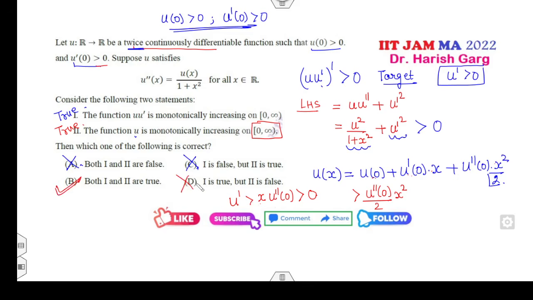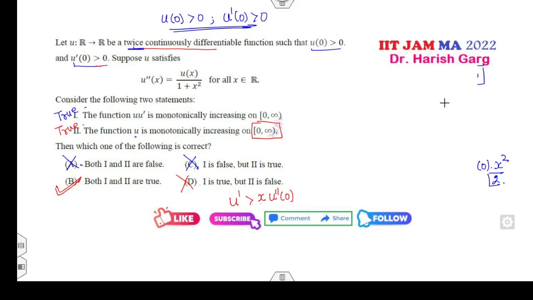Is it okay? One more way you can see it from the given function: u double dash of 0 will be u of 0 divided by 1, which is greater than 0. Then u double dash of x is greater than 0. So what does it mean?